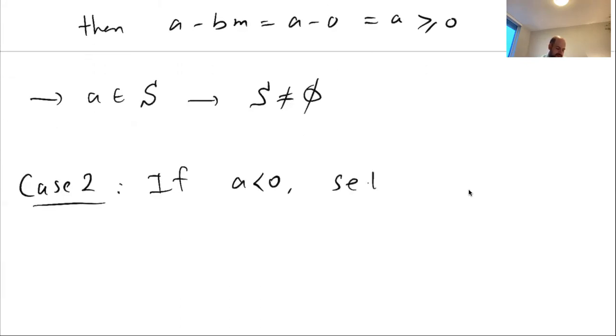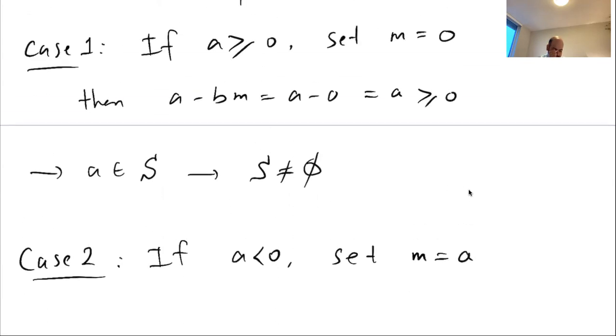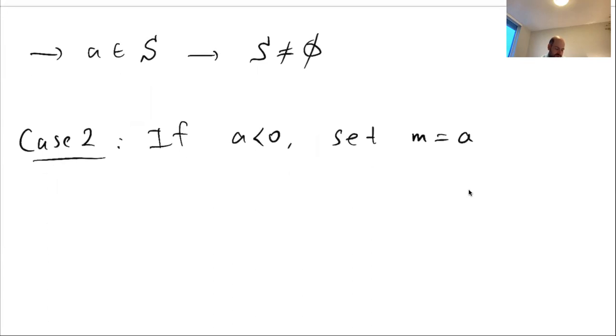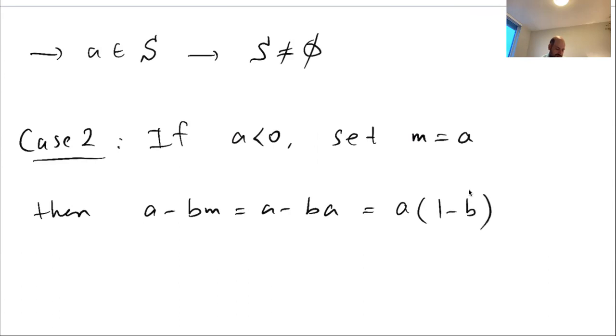So set m equals a. In the previous case I set m equals 0. In this case, I want to set m equals a. What do I get? Then a minus bm becomes a minus ba. And this means a times 1 minus b, right? And this is bigger than or equal to 0.